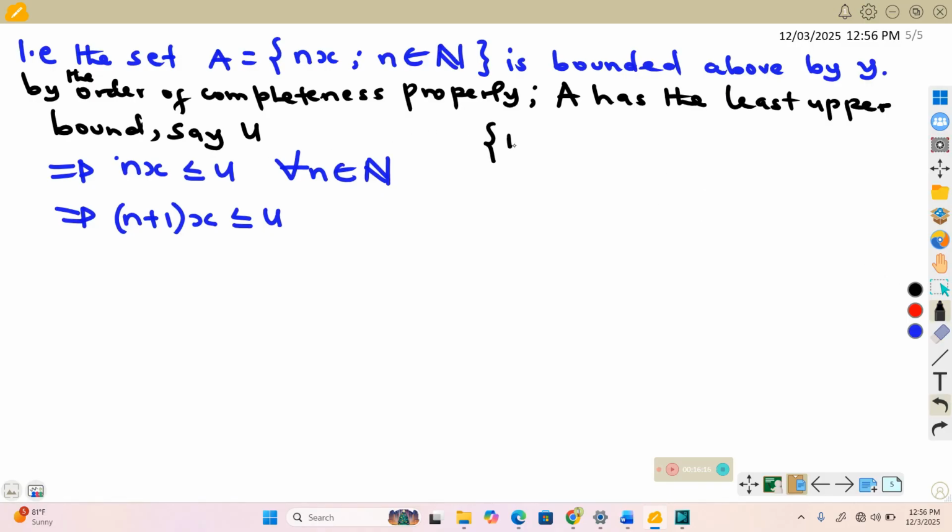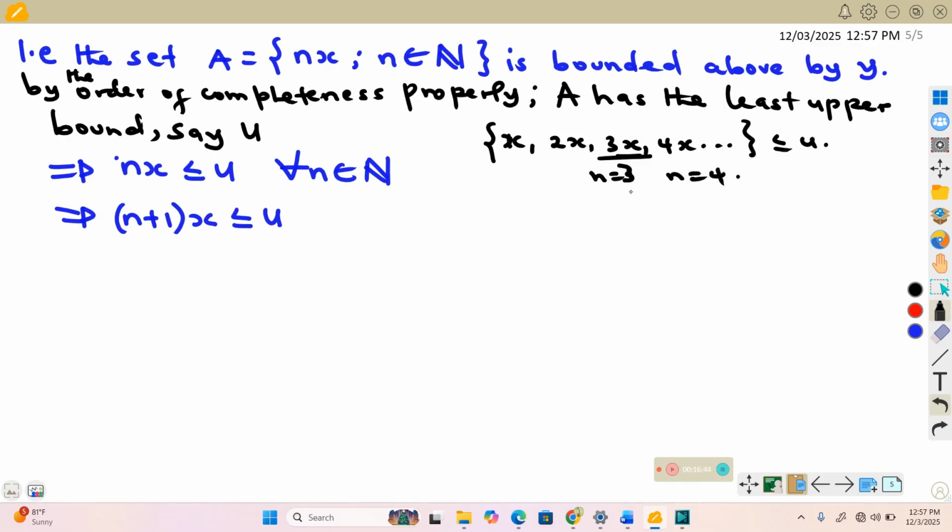You are having 1 times x, which is x. You are having 2x. You are having 3x. You are having 4x. And we are saying all these elements here are less or equal to u. So if n equals 3 holds, then the same for n equals 4 must also hold.